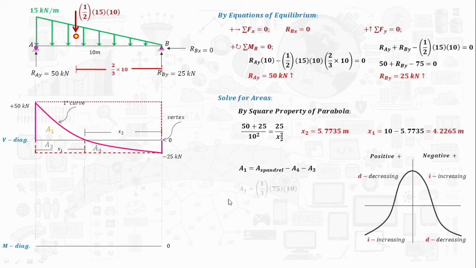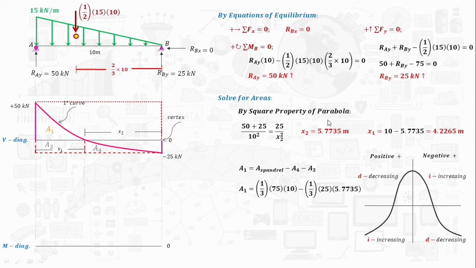So, area 1 is equal to area ng spandrel, 1/3 base times height. 1/3 kasi nag-start tayo dito sa vertex. 1/3 times height na 75, 50 plus 25, times yung base natin na 10, minus A4. 1/3 kasi nanggaling siya kay vertex, 1/3 height times base. Anong height niya? 25, and base niya is x2.